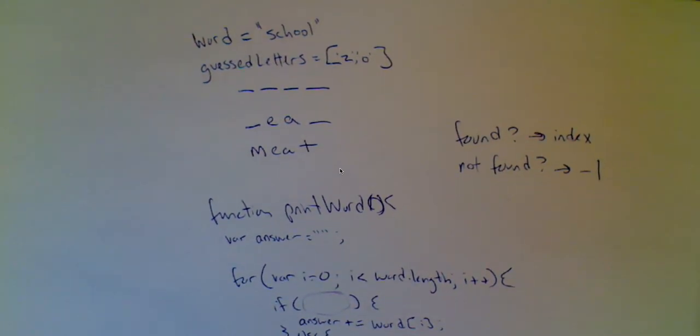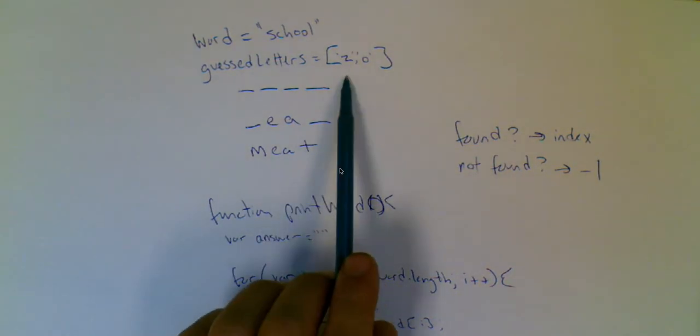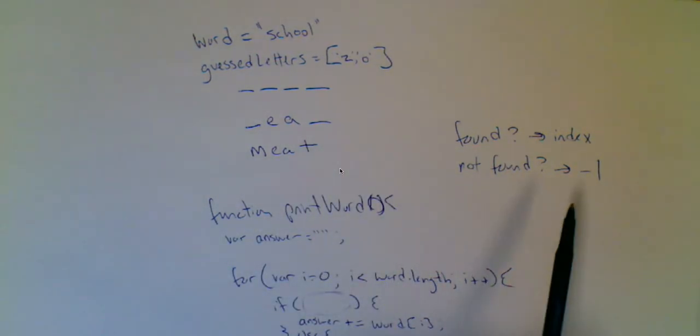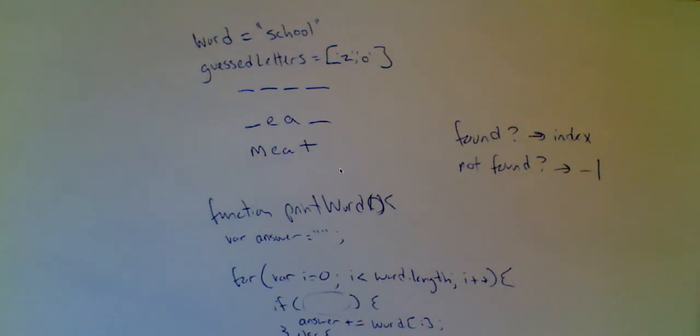So let's just run through. So if our word is school, the first letter is S. Guessed letters.indexOf S is going to not be found, and it's going to return a -1. So we have to say, hey, if this is a -1, then write out this.